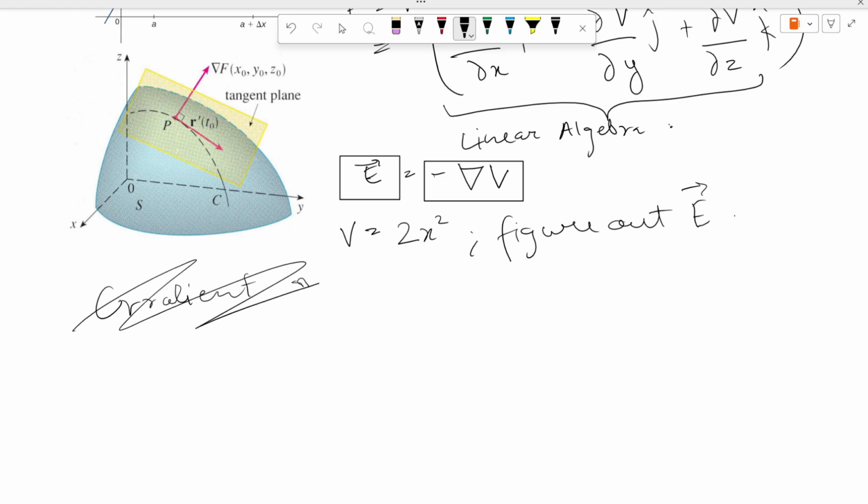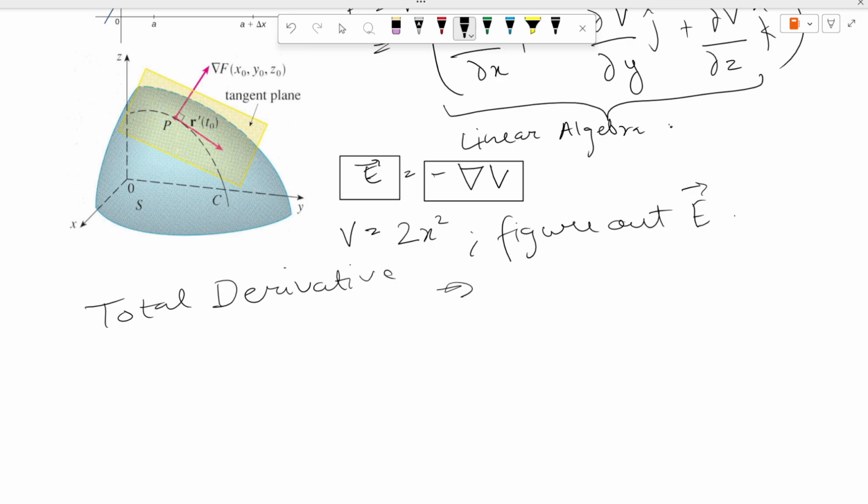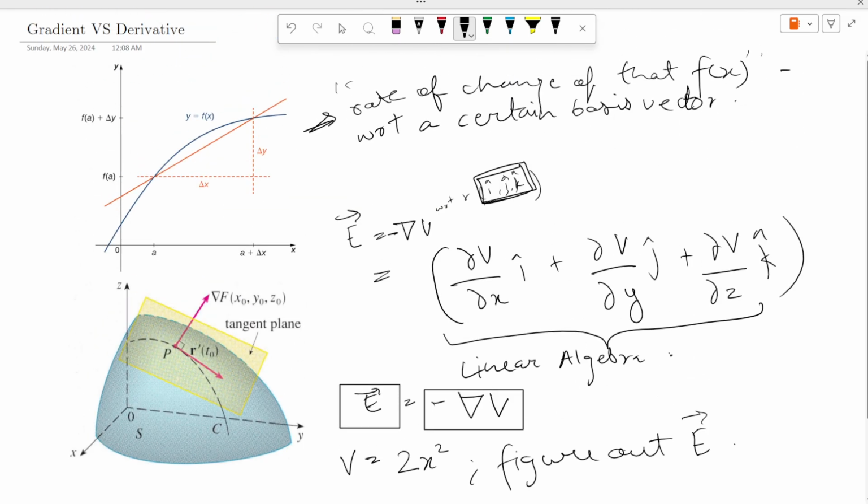And then there is the total derivative, or the basic derivative as you call it. Usually the denominator is a scalar quantity in that, so the output that you get is also scalar, right?